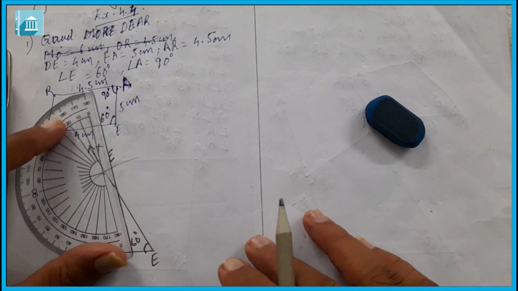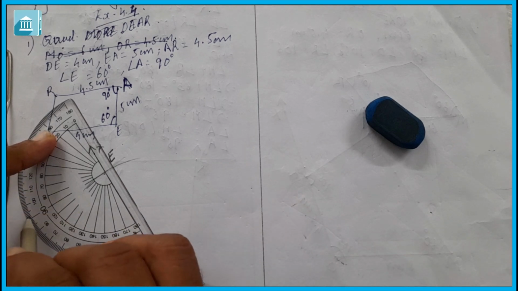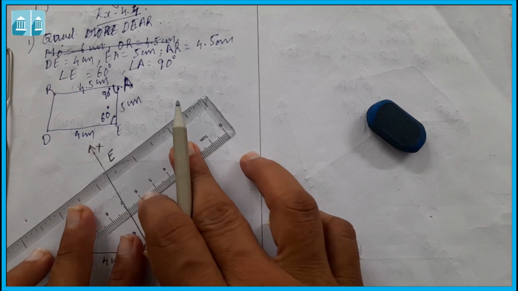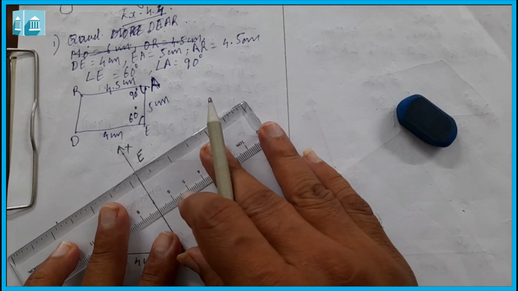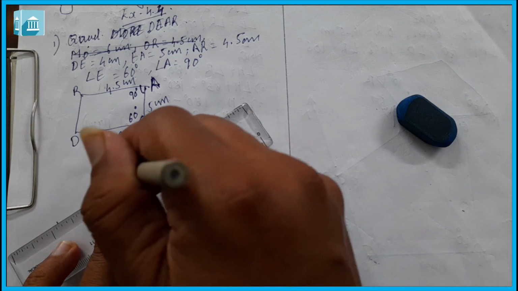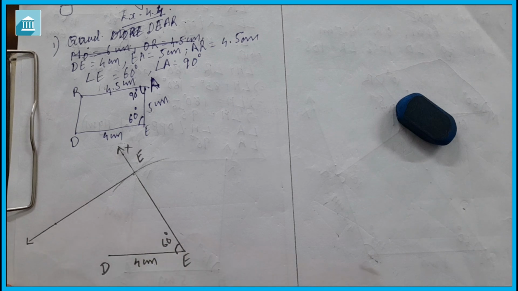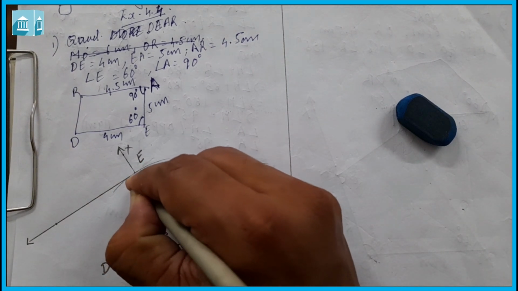So again, using this, we need to draw one angle which is 90 degrees here, like this. One angle we need to draw, it should be 90 degrees.